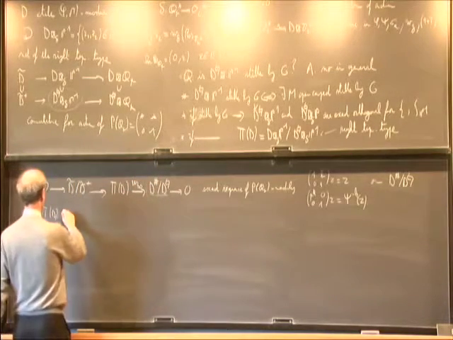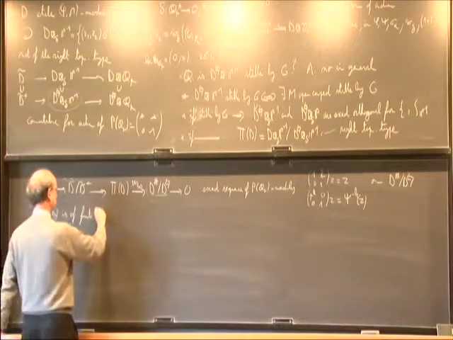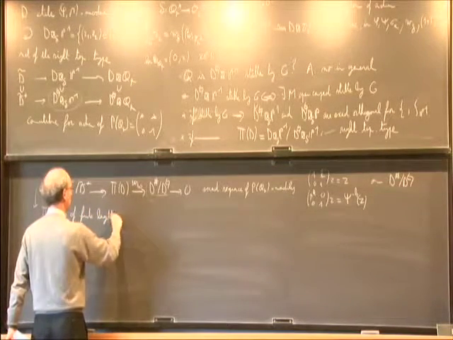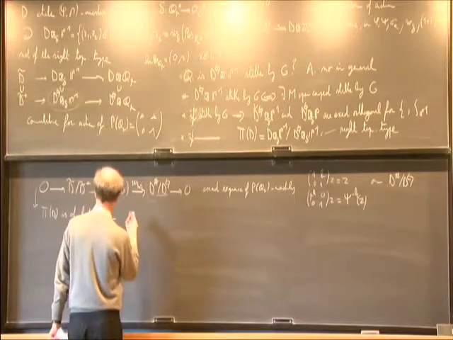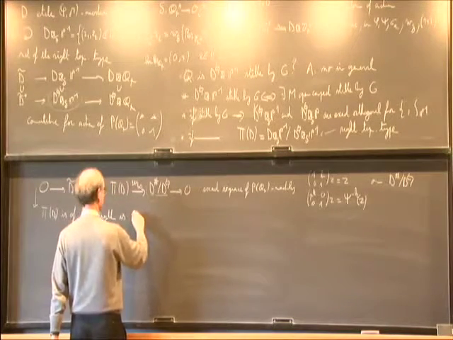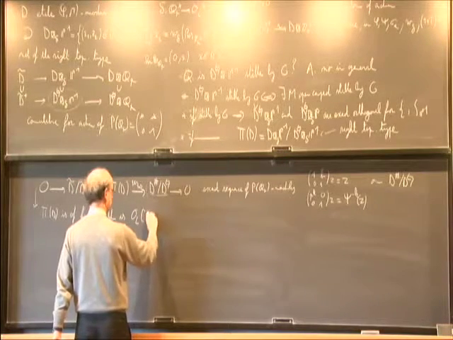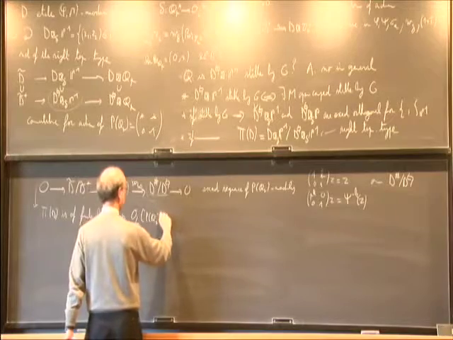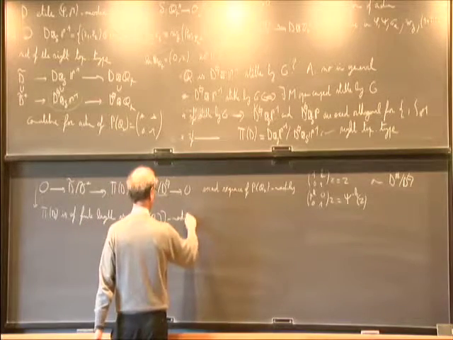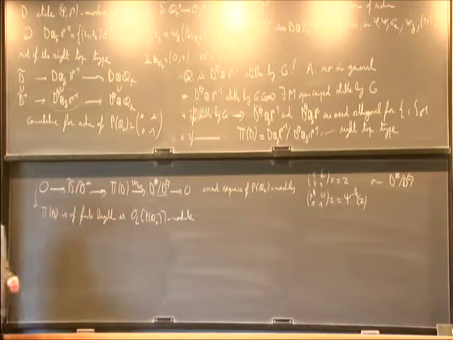So pi of D is of finite length, in case D is torsion, as an OL of P of QP module. And so it is of finite length as an OL of G module.